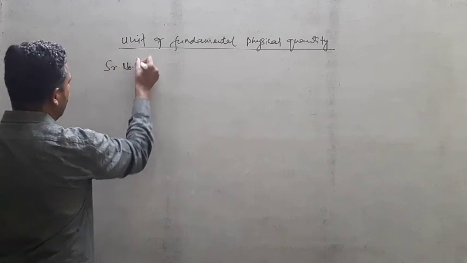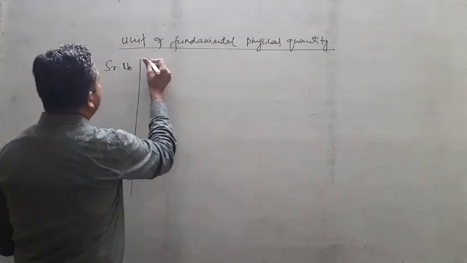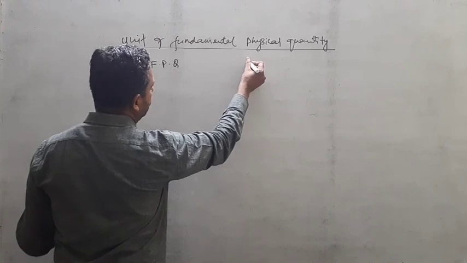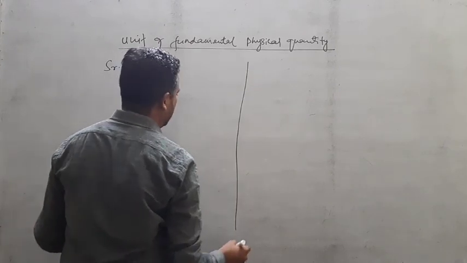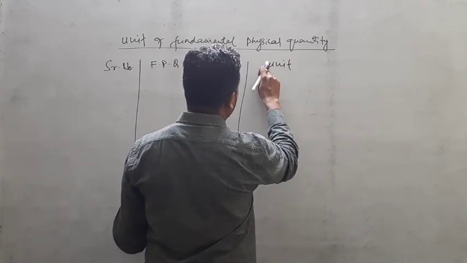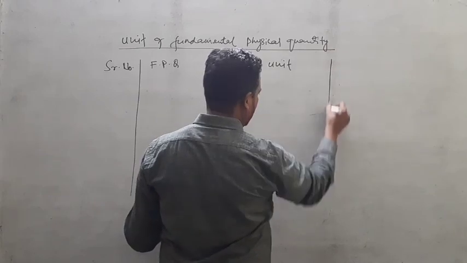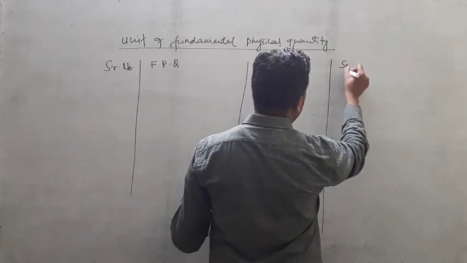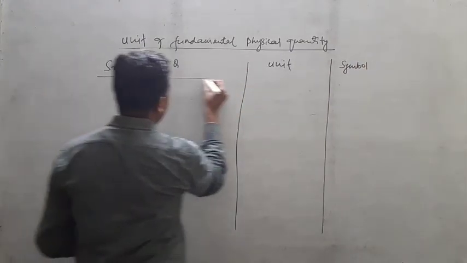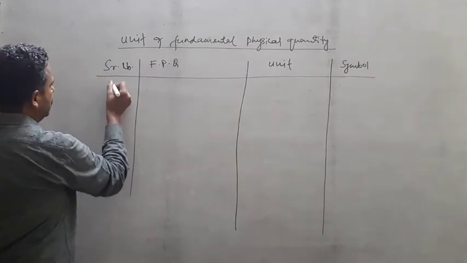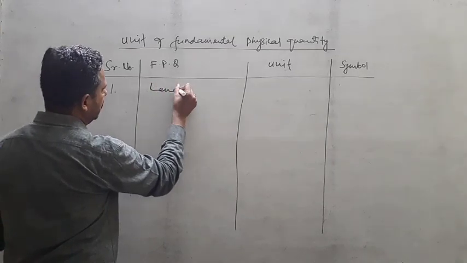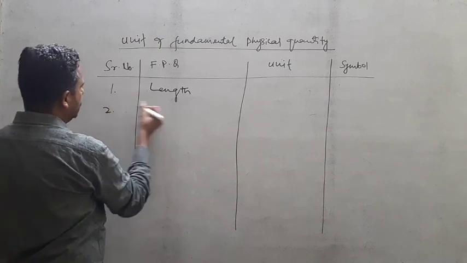In the chart there is a serial number, the fundamental physical quantity, then units, and its symbol. We have 7 fundamental physical quantities. The first one is length. Second is mass.